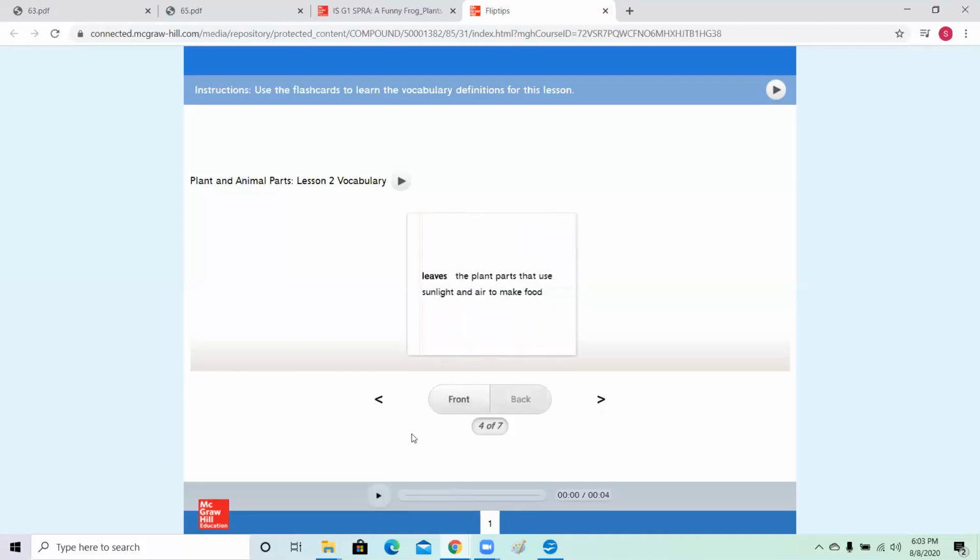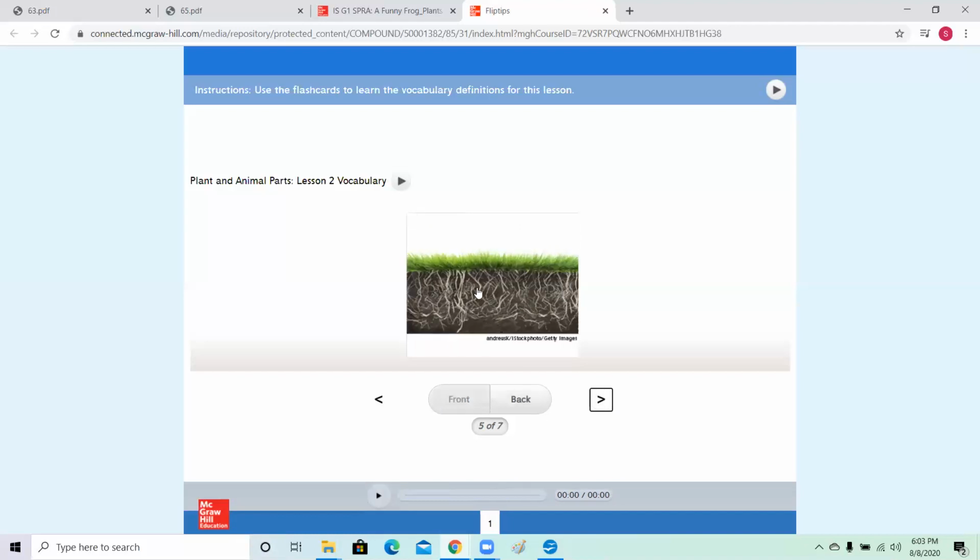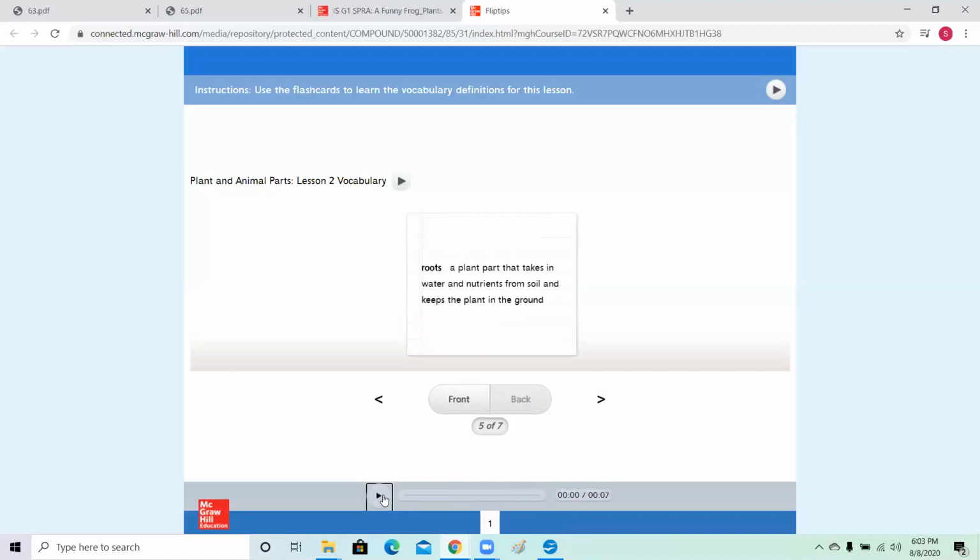Okay, what do you think? Yes, leaves. Leaves, the plant parts that use sunlight and air to make food. Very good. One more time. Leaves, the plant parts that use sunlight and air to make food. All right. Next. Can you guess? Yes, roots. Awesome. Roots, a plant part that takes in water and nutrients from soil and keeps the plant in the ground.